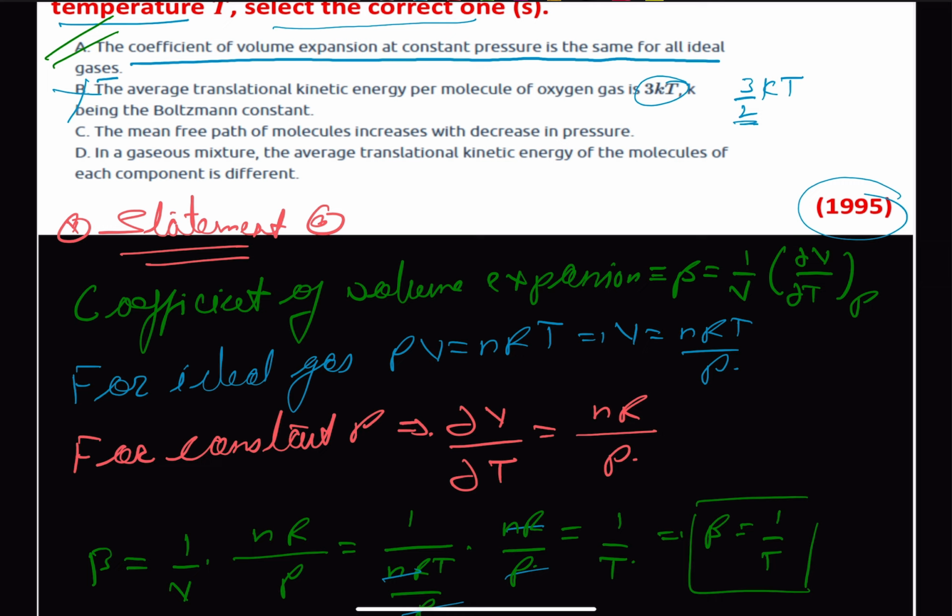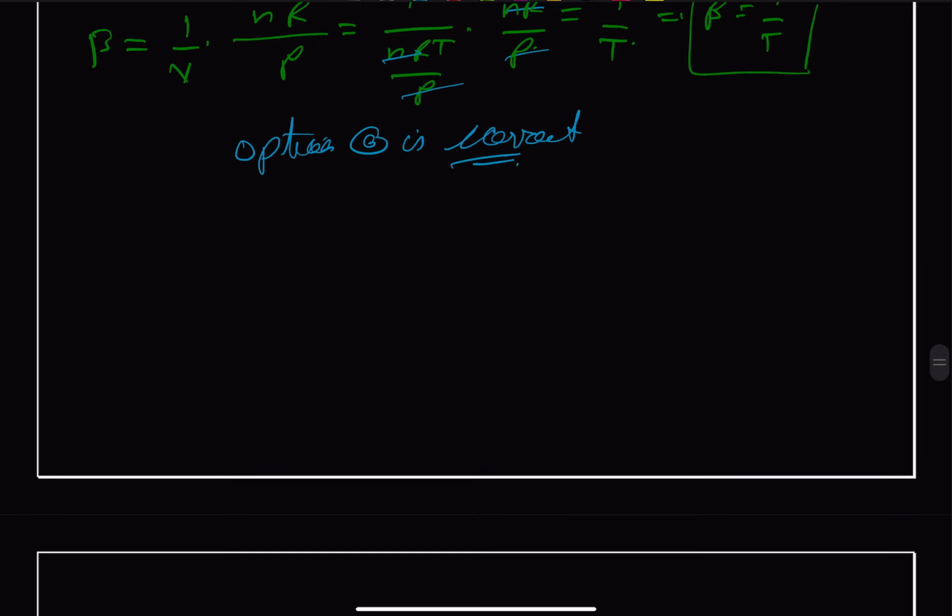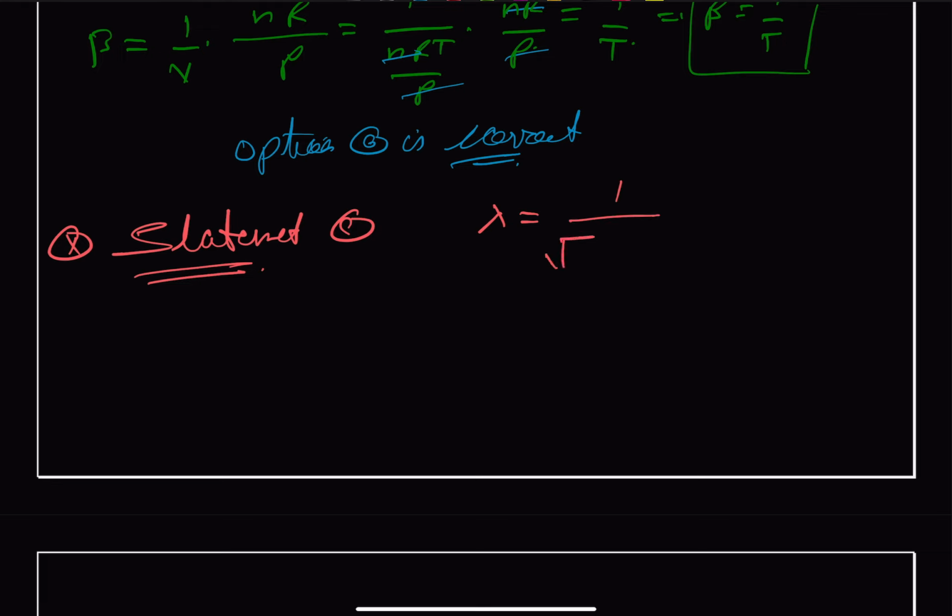And for mean free path, we can just calculate it. So we have statement C, and according to the basic formula from kinetic theory of gases, we know that lambda, which is our mean free path, is given as 1 upon square root of 2 pi d square multiplied by n.